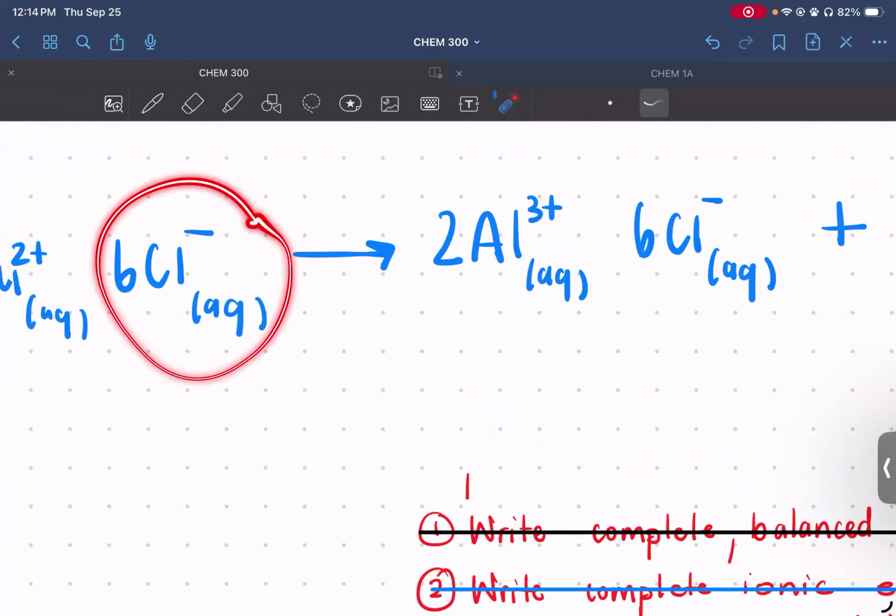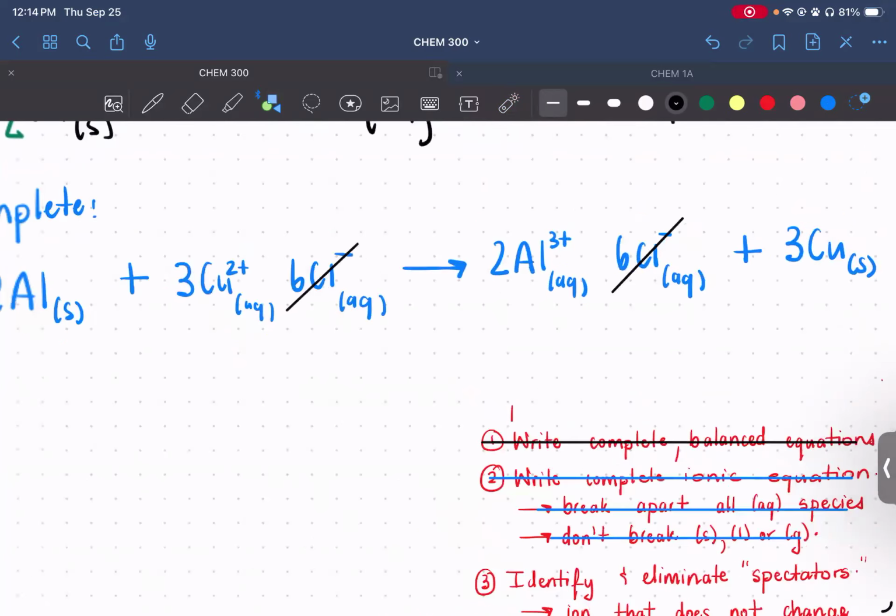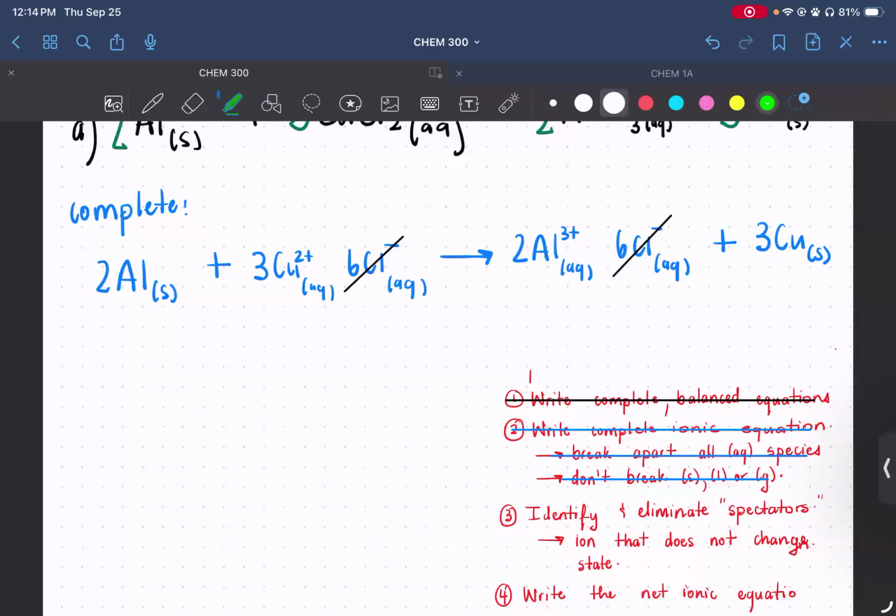Chlorine starts aqueous and ends up aqueous. This does not change, hence it is eliminated. It does not participate in the reaction itself, but its presence helps it along. With that, we have identified our spectator ions.